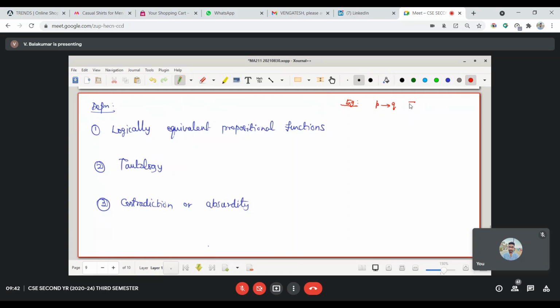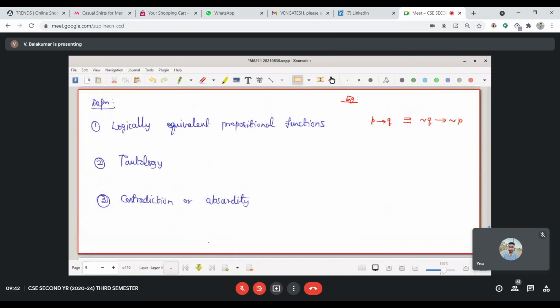I'm saying this is equivalent to not Q implies not P. This is an example. This is not the only example. You can write many examples. Before that, let us check whether this is happening or not.